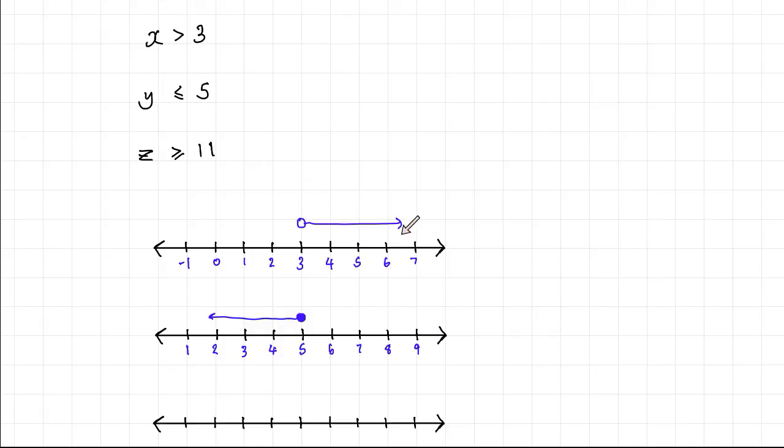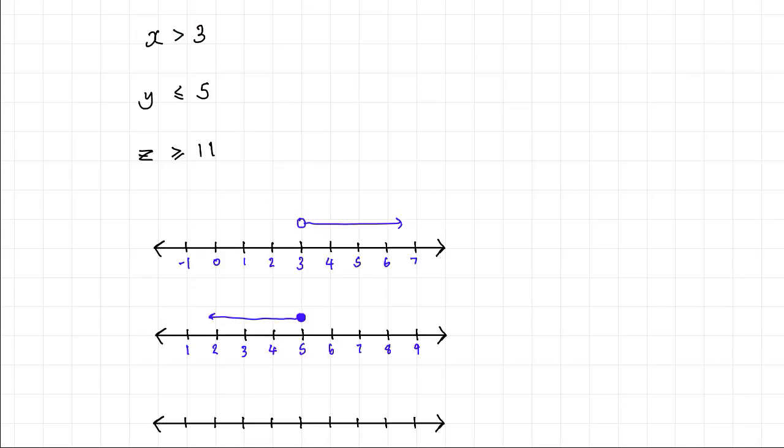This is where a lot of people make mistakes. They think x is more than 3 does not include 3, so they start at 4. But this way you don't include all the numbers that are bigger than 3 but less than 4. For example, numbers like 3.6, 3.4 and so on. Now this is the reason why we must always start at this number here and leave it open to show that we're not including it.